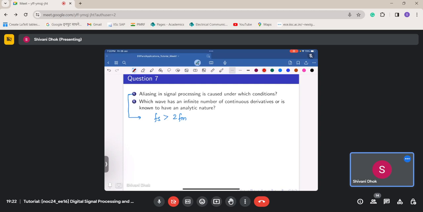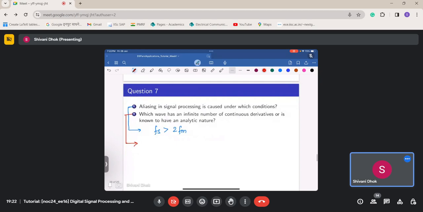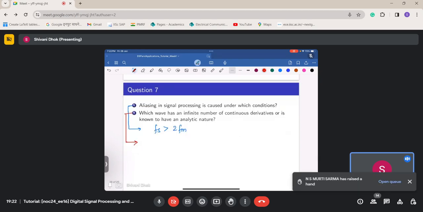Okay. Next, which wave has an infinite number of continuous derivatives? This is also a simple question. Just to get away from too much math, I put it between these questions. What's your answer? It is sine or exponential, madam. Correct.